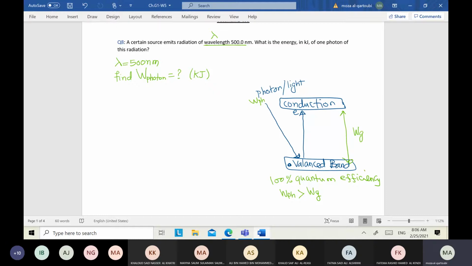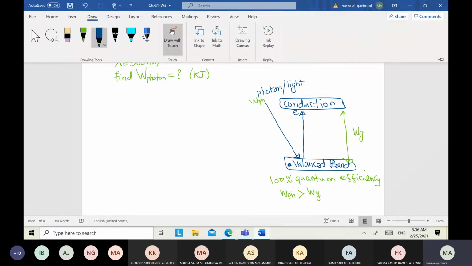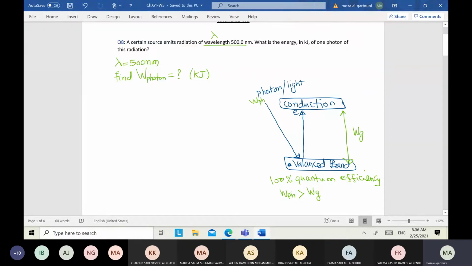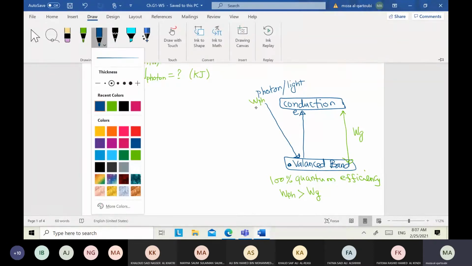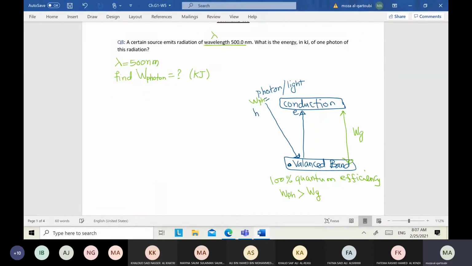The energy of a photon depends on frequency. So W of photon equals H times F, where F is the frequency and H is called, anyone remember?